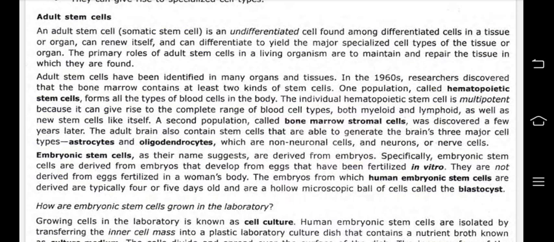A second population, called bone marrow stromal cells, was discovered a few years later. The adult brain also contains stem cells that are able to generate the brain's three major cell types: astrocytes and oligodendrocytes, which are non-neuronal cells, and neurons or nerve cells.